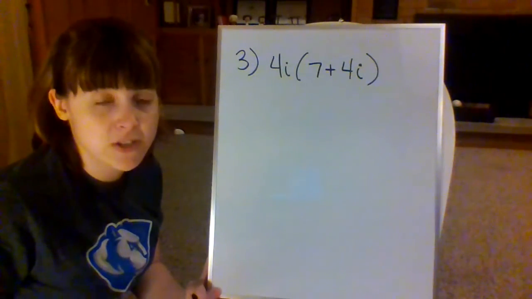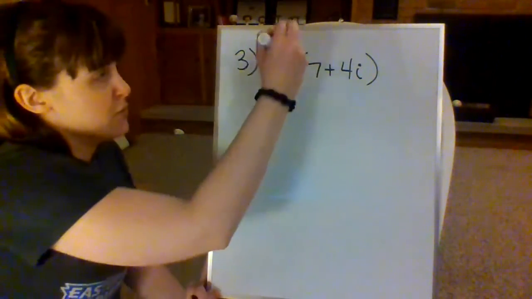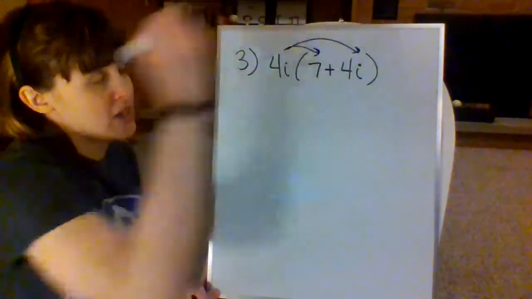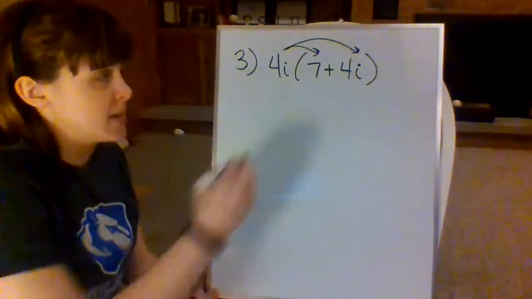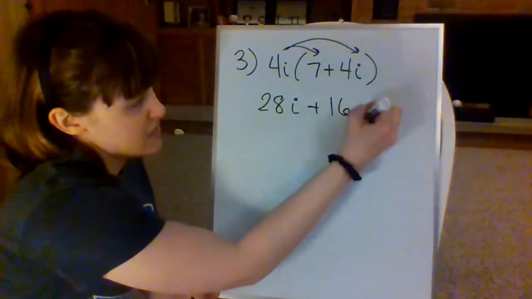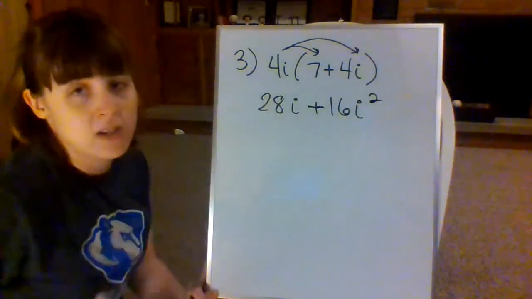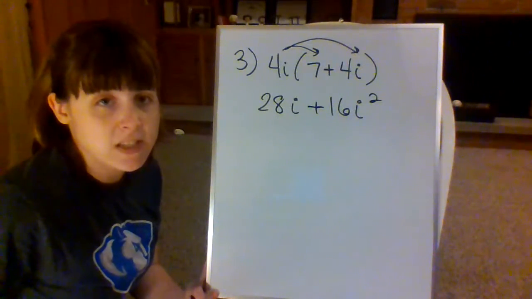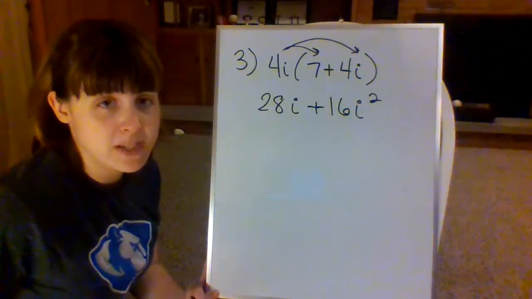Okay, so we're going to do the distributive property here. So 4i times 7 and 4i times 4i. Okay, so that's going to make 28i plus 16i squared. Okay, so remember i squared gets replaced with negative 1.